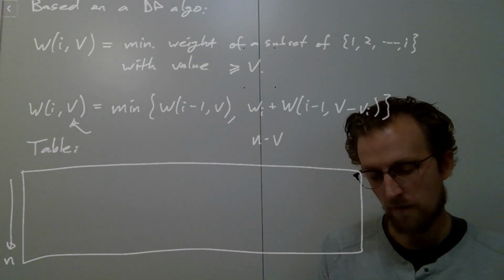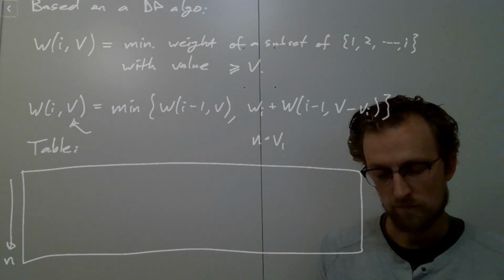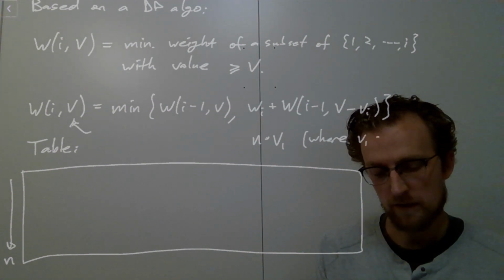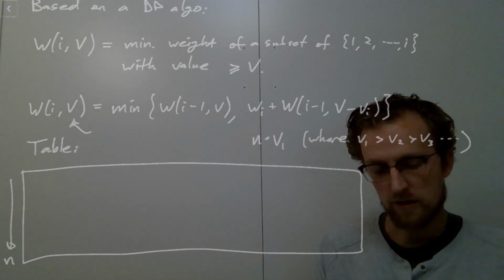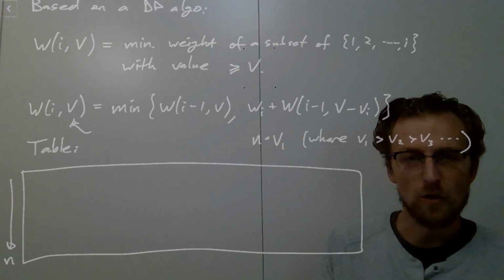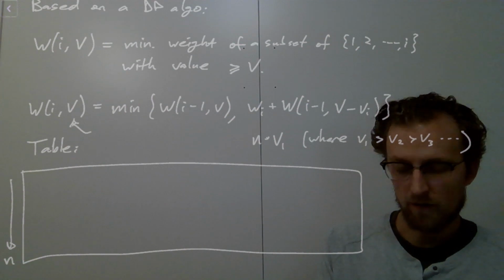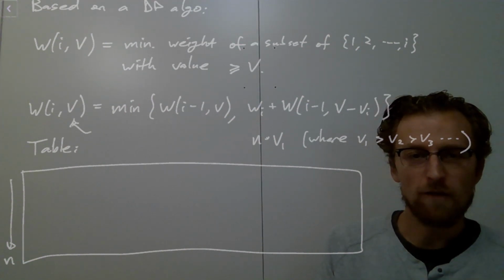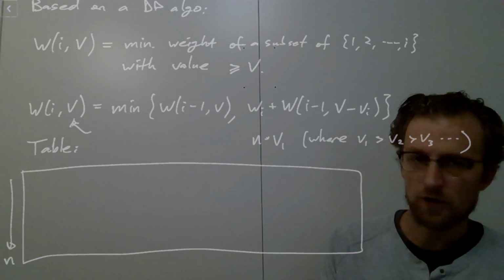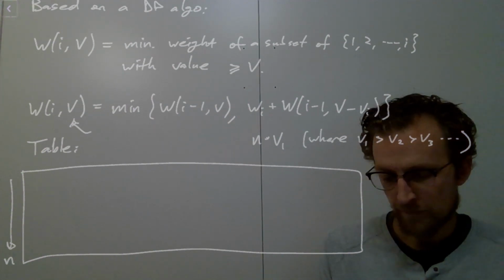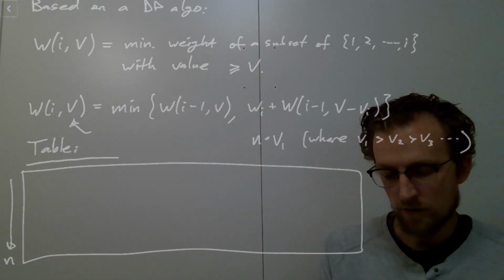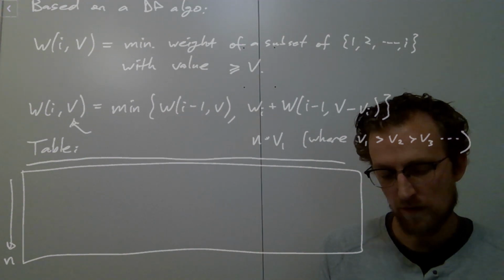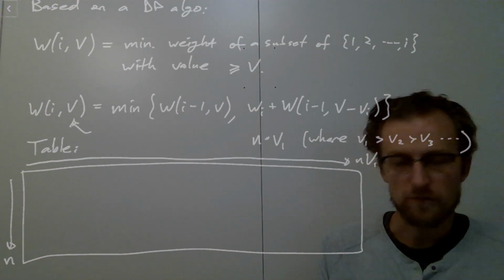So value of item 1, where v1 is greater than v2, greater than v3, and so on. So I'm calling v1 the most valuable item. And so n times the value of the most valuable item is the largest the value of any subset could ever be. So the table has n rows and then n times v1 columns.